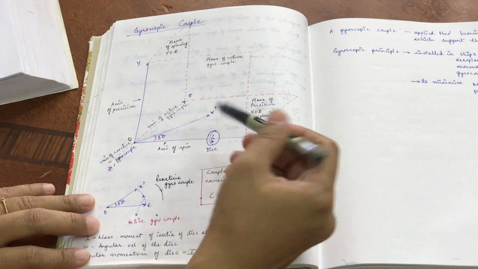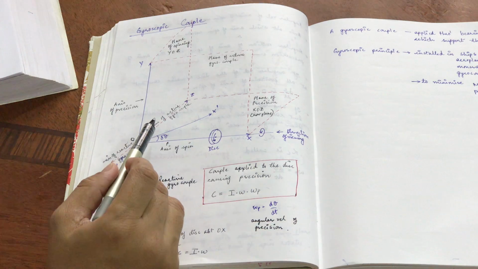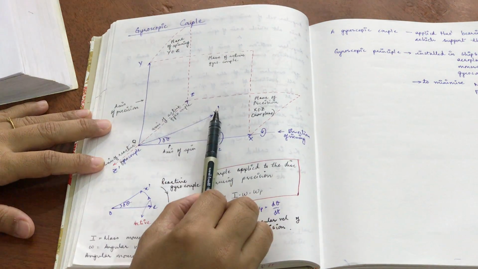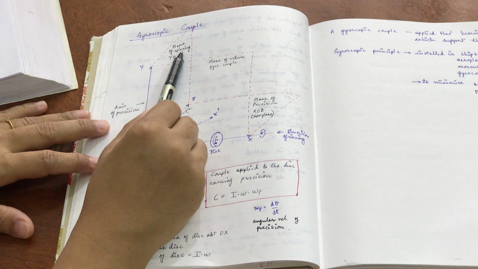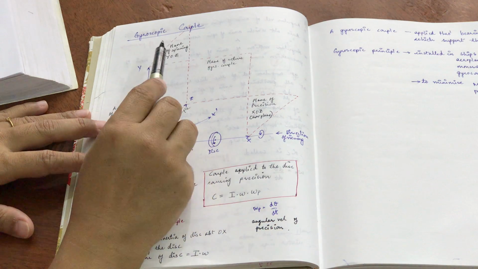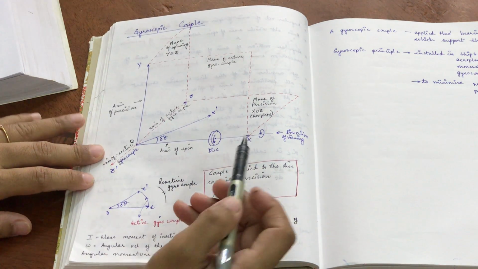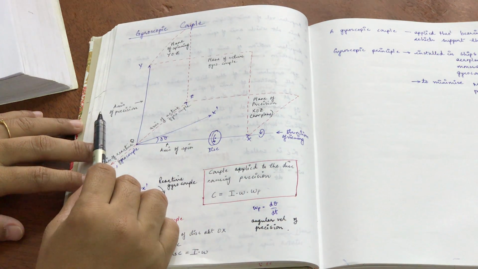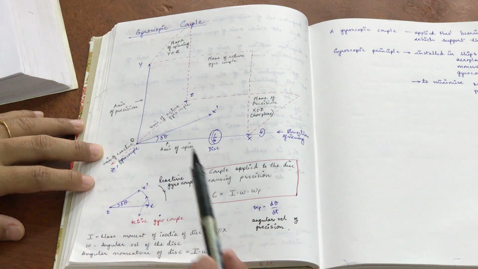The plane YOZ is perpendicular to it, and this YOZ is called the plane of spinning. These are the terminologies that we'll be using: plane of precession, plane of spinning, axis of precession, axis of spin.